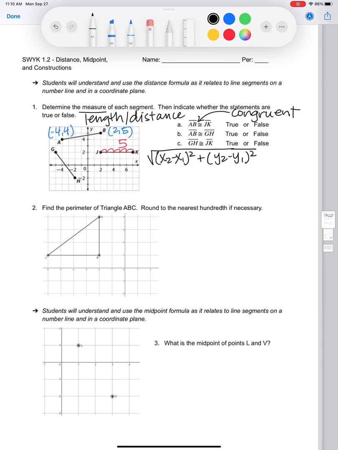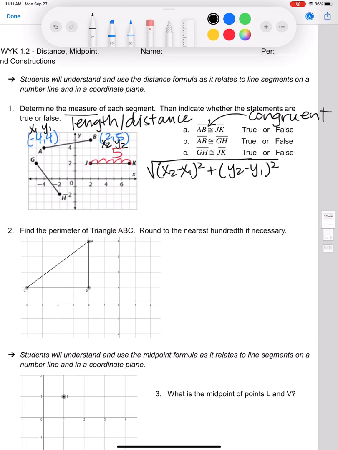And these are my x1, y1, and x2, y2 when I'm plugging it into the formula. So we'll find the length of AB using the distance formula.